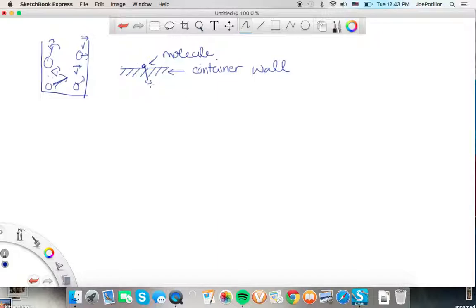It exerts a force on this. That should be straight down, by the way. It exerts a force on the wall, and of course the wall exerts on that. But for the sake of this argument, we only need to consider the force that's exerting on the wall. Okay. More often than not, it is a lot easier.